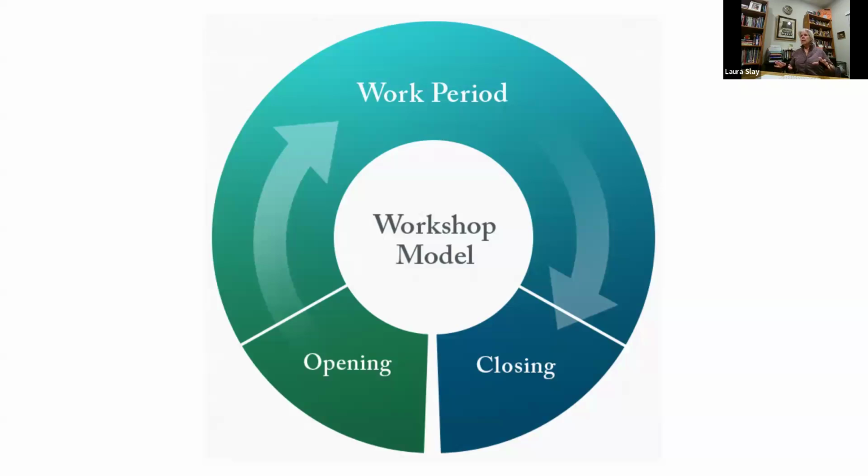So again, think of it as a giant circle. The workshop model has an opening. The opening is an introduction, get kids excited, hook them, and teach them a mini lesson. Mini is short. It's not a 45-minute lesson. Now, that's not to say that we don't have 45-minute lessons. Kindergartners are going to have a hard time sitting for 45 minutes without being able to do something else.